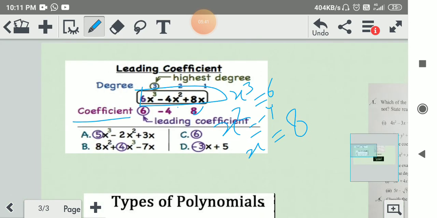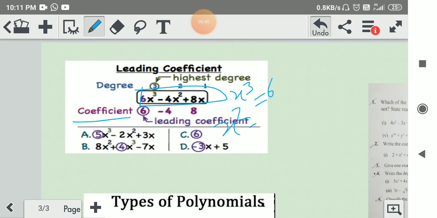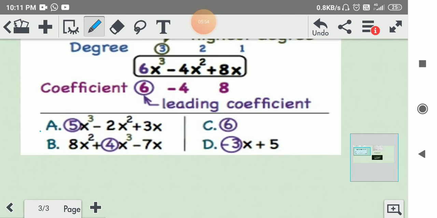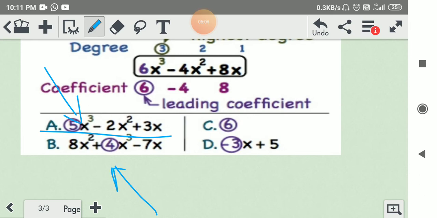And degree is the highest power. Now some examples. Here in this equation, the coefficient of x cube is equal to 5, and in this equation the coefficient of x cube is equal to 4, and in this equation the coefficient of x cube is 0 because x cube is not present here.